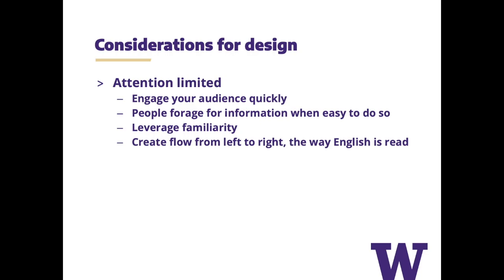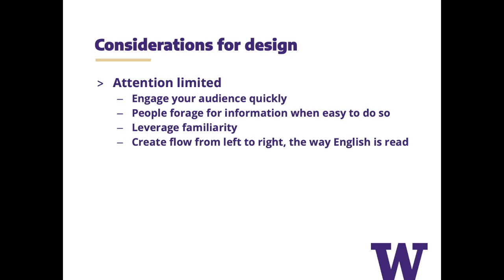So think about how you can leverage people's attention by leveraging things that are familiar to them, using call-out titles that are easy for them to see and interpret. Oftentimes we can include the findings. And then also take advantage of the gestalts that we already use in our day-to-day life. So if you're an English reader, you probably spend a lot of time moving your eyes from left to right. And to be consistent with that movement, you should design your graphics in the way that they move from left to right.